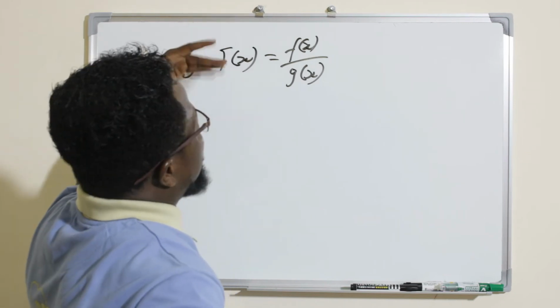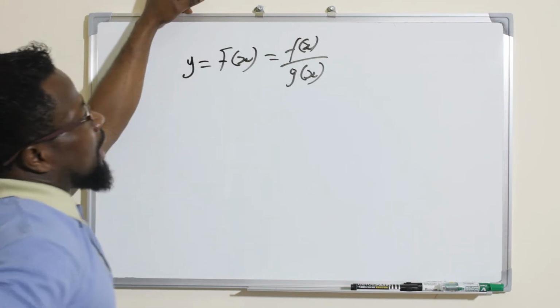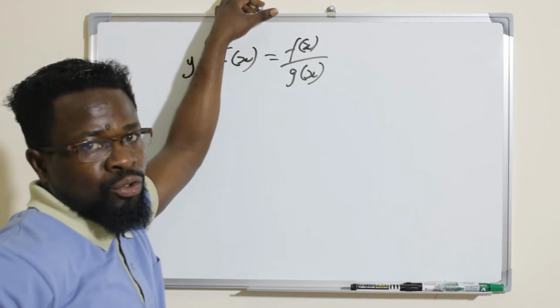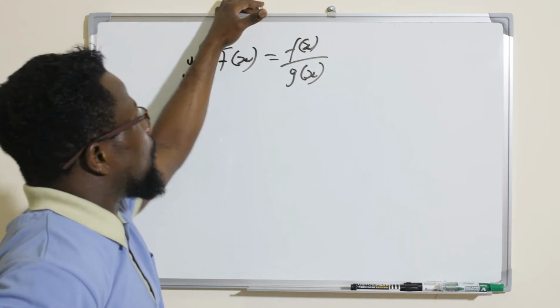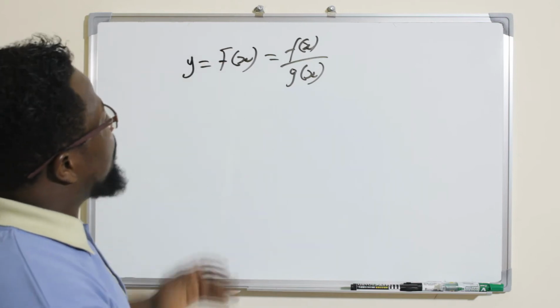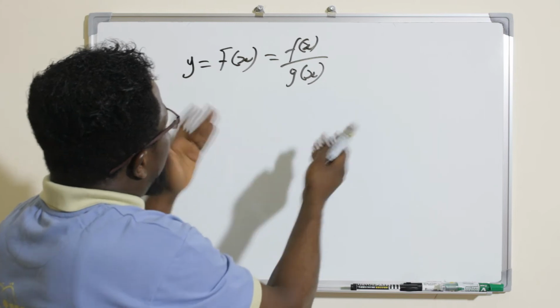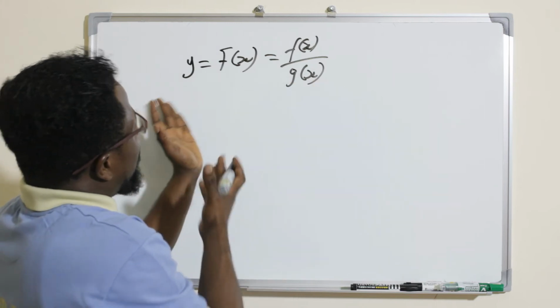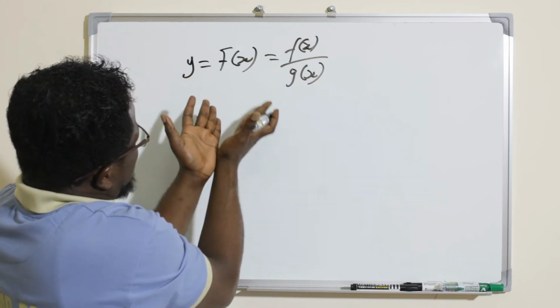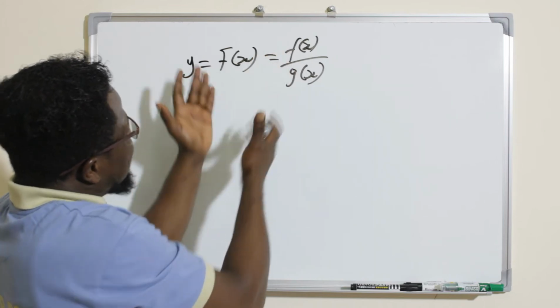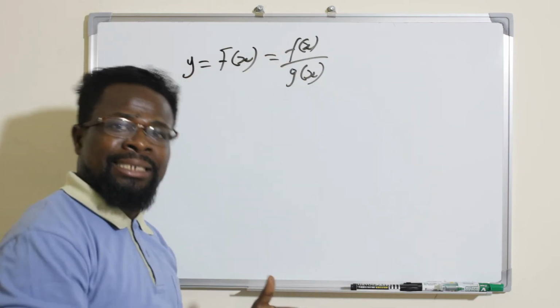Whenever we see any function like this, then we can talk about the quotient rule. This is possible if we can find the derivatives of f and g, if f and g are differentiable at x.